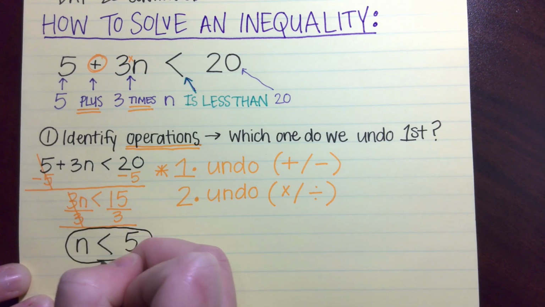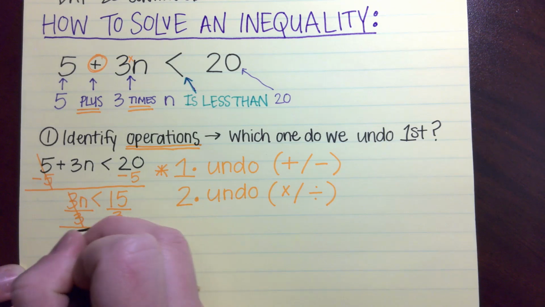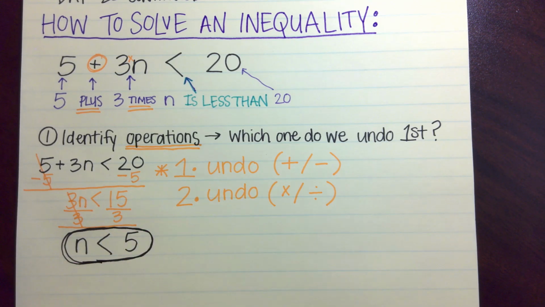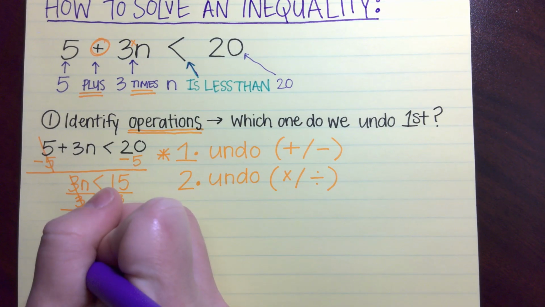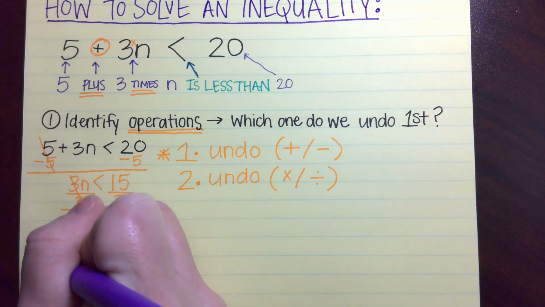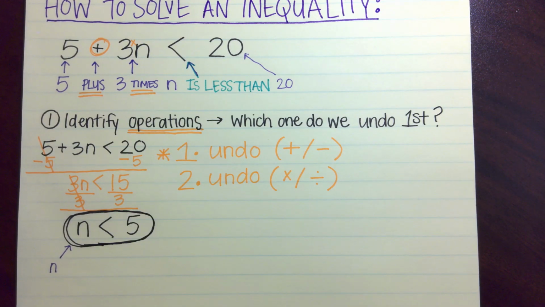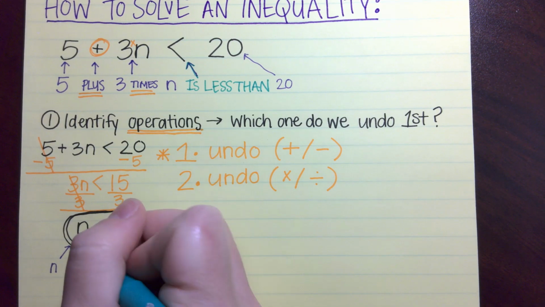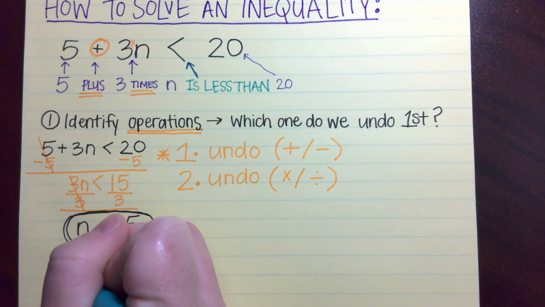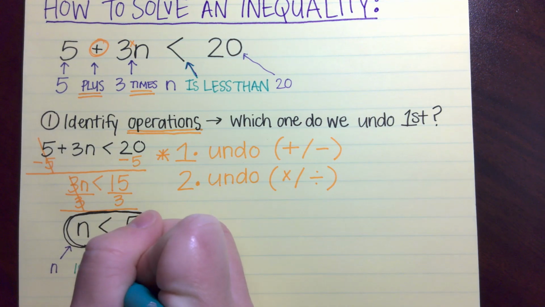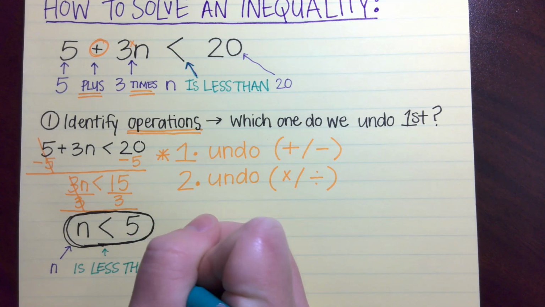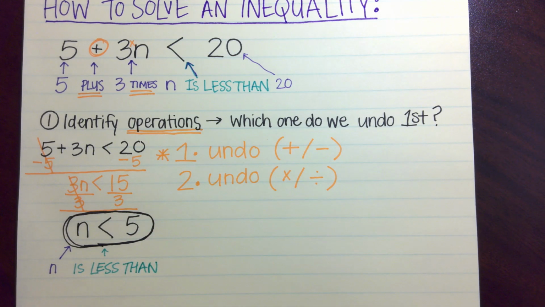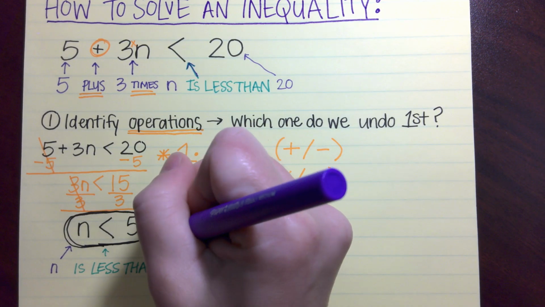Okay, so here is our answer. We found out that n is less than 5. So we'll label that too. N is less than 5.